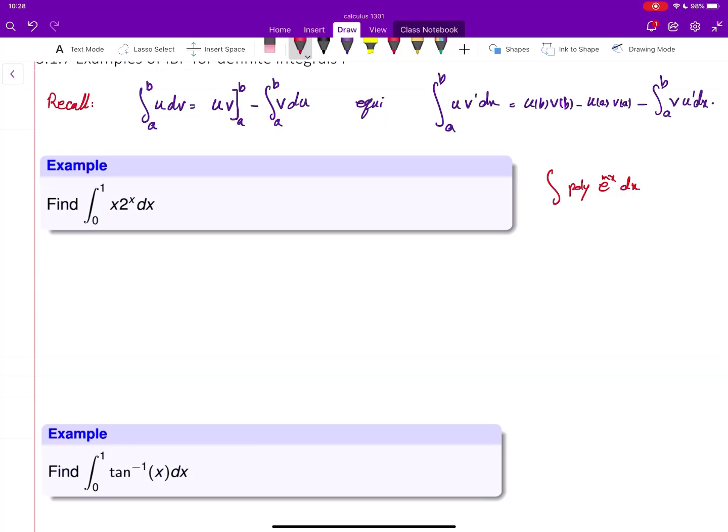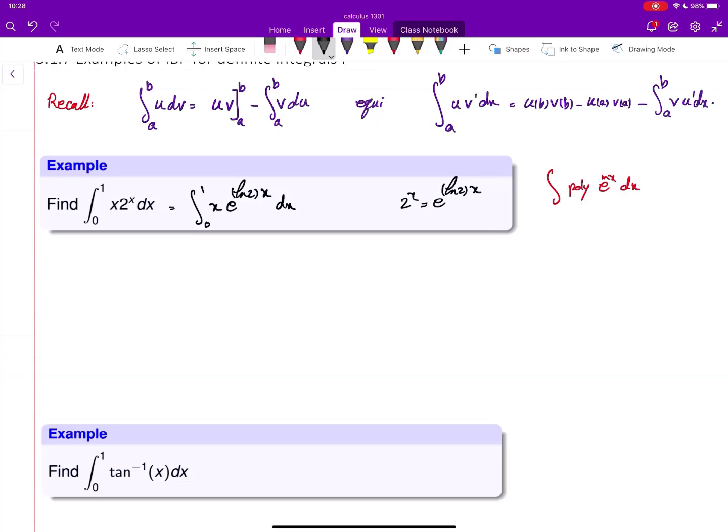One reason is that you can rewrite this integral as integral from 0 to 1 of x times 2 to the power x, and 2 to the power x is the same thing as e to the power ln 2 times x, where ln 2 is a constant. So you have again a polynomial times e to the power mx, and you can do the same thing.